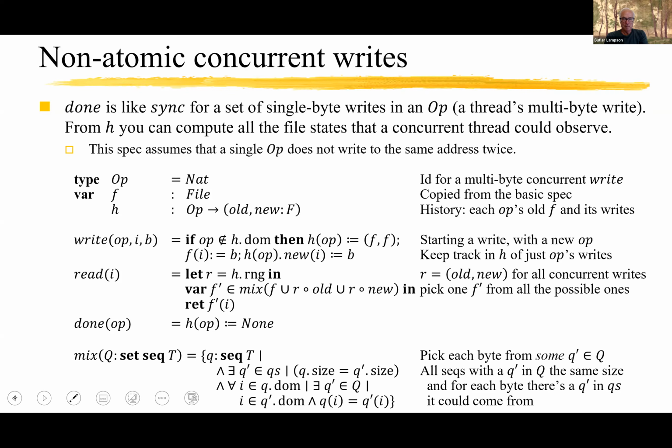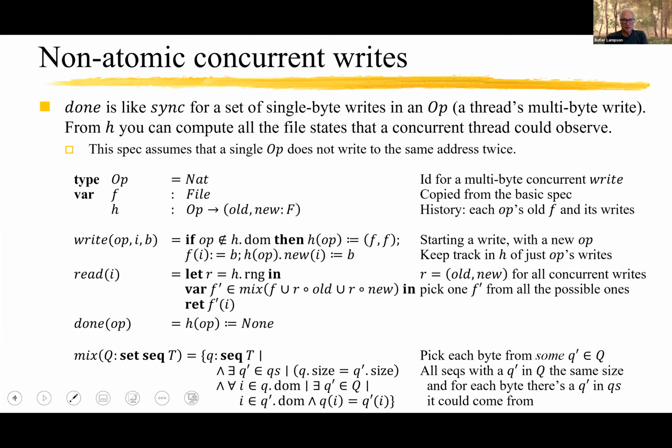And you get to pick 1 byte from each file in a completely non-deterministic way. And mix computes a sequence. It's all the possible files that you could get by picking bytes from all the different inputs.